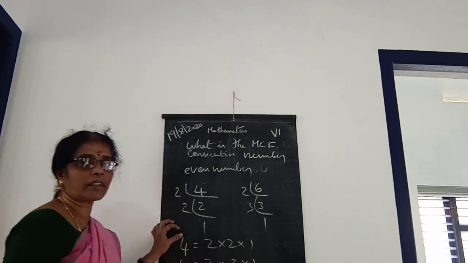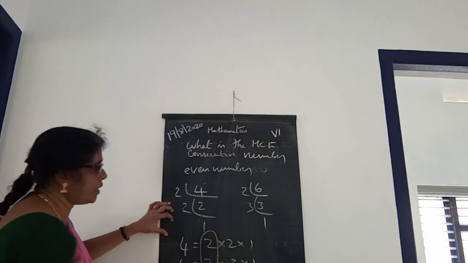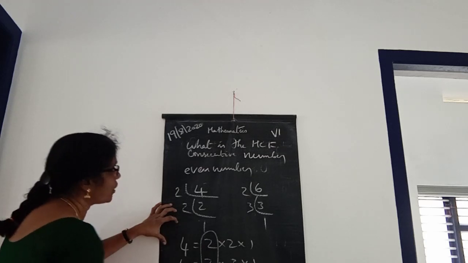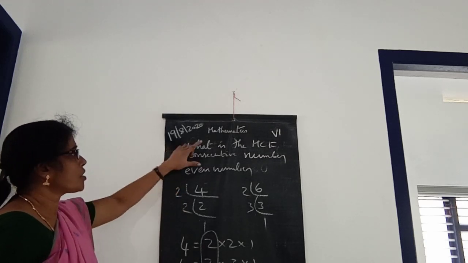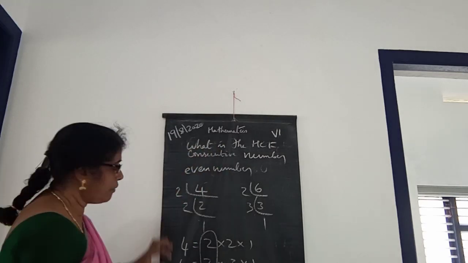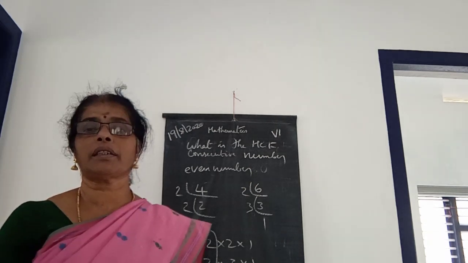Which are the common factors, children? Look here, this 2 is the common factor, and 1. So the HCF of consecutive even numbers is 2.